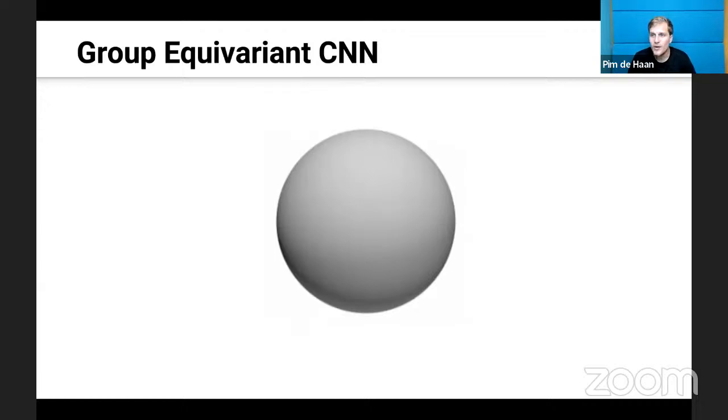So these are all instances in which we have data living on some geometric space, and we want to apply neural networks to process these data. But the spaces have symmetries, and we want our neural networks to respect these symmetries. And I'll go into more detail about what all these words mean.